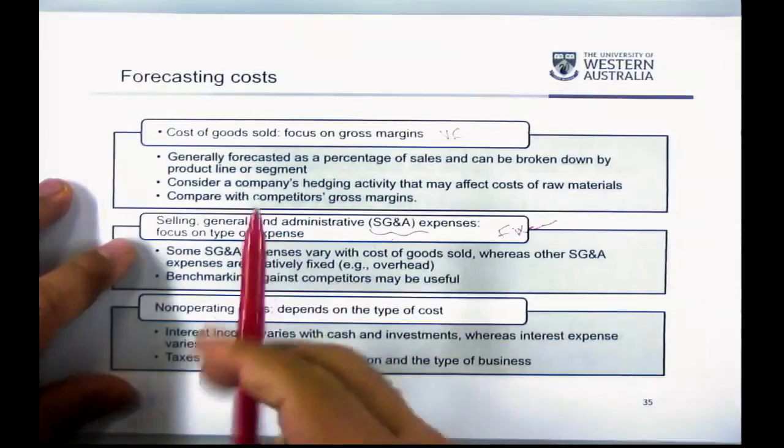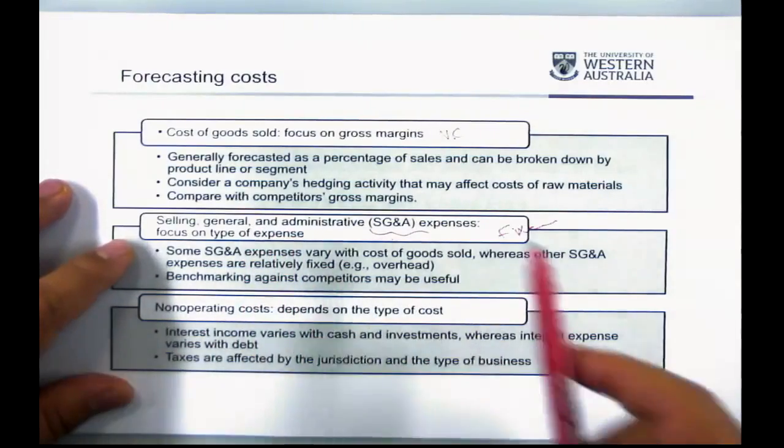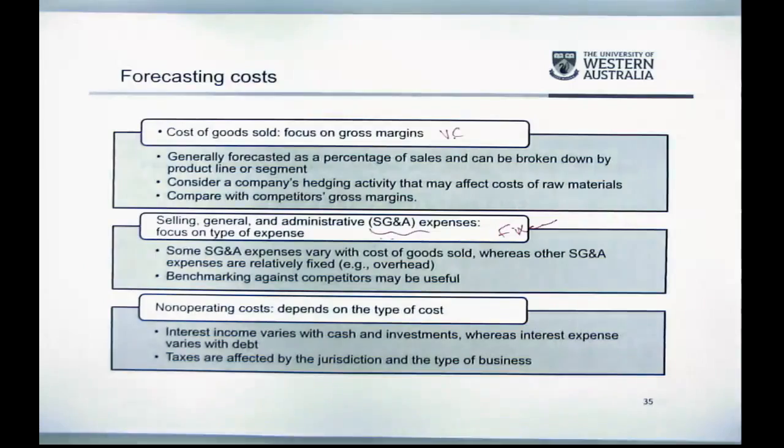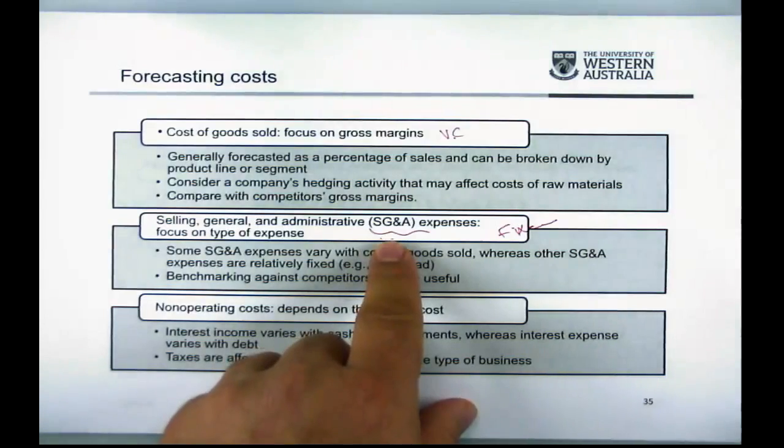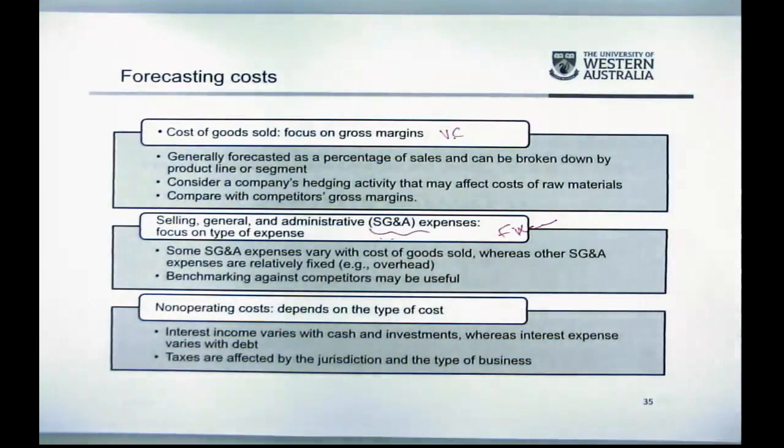Sometimes certain costs are aggregated under the fixed costs, but in reality they may vary with sales, such as, for example, commissions that are usually given to sales representatives. They might be aggregated under this figure. So you need to be careful.